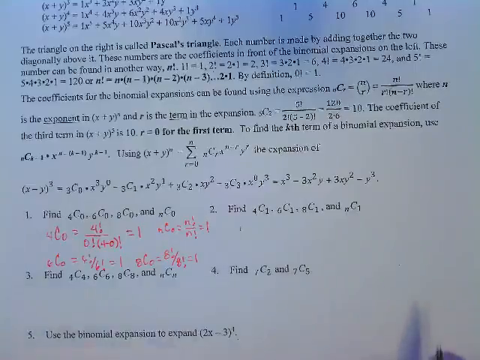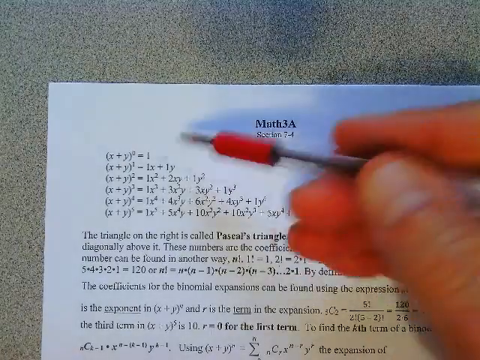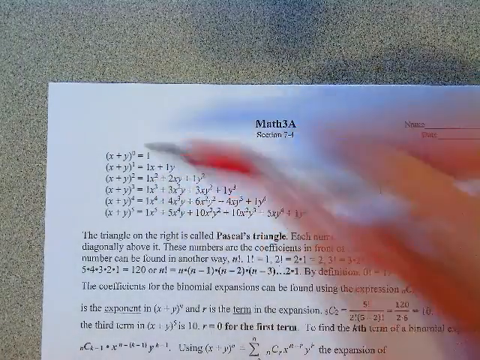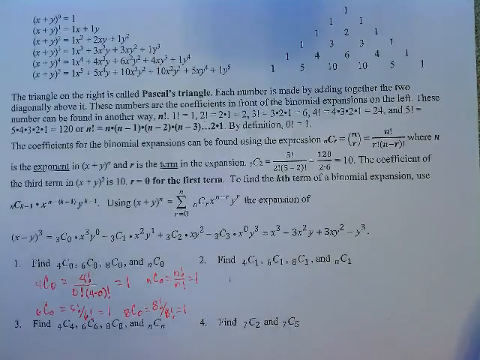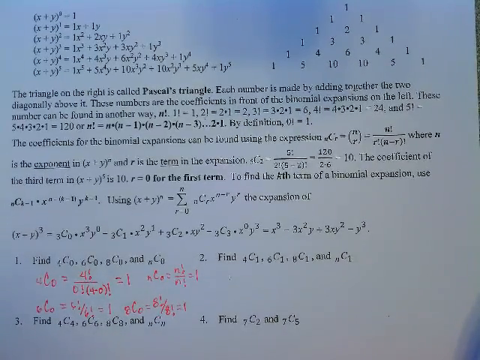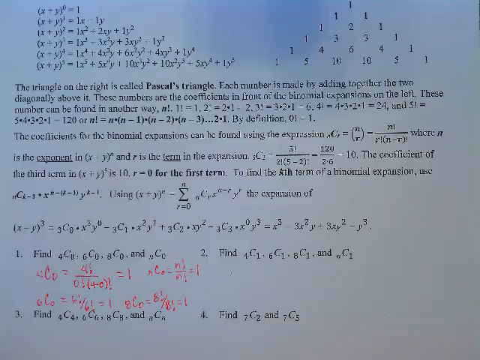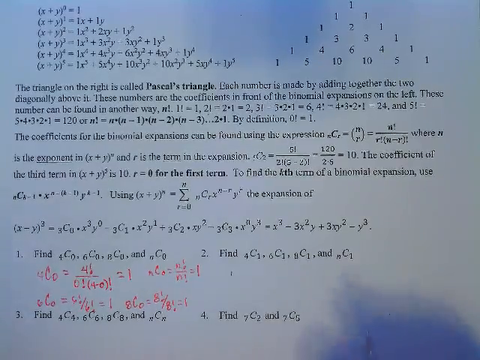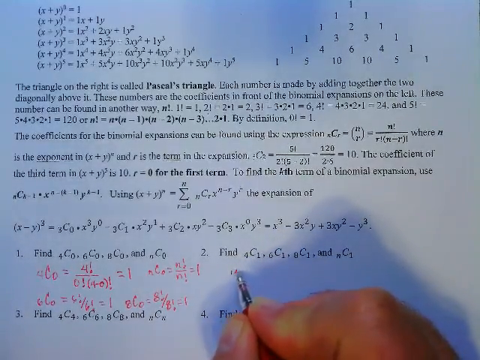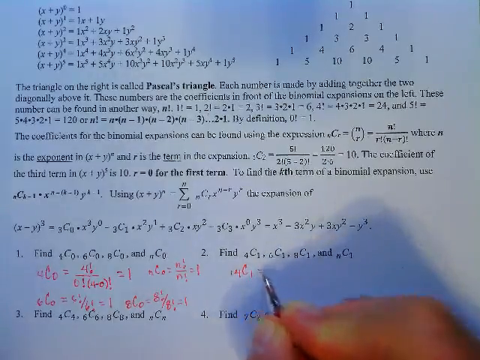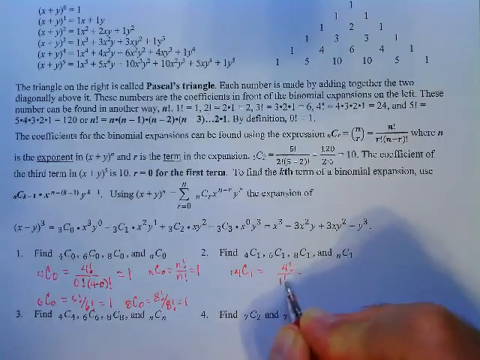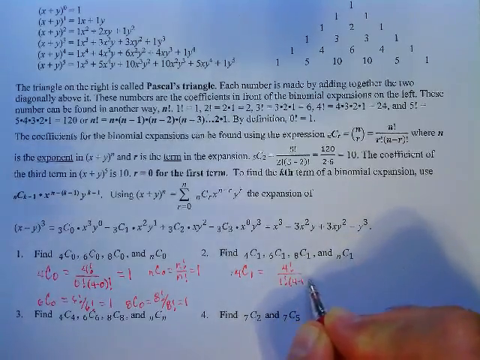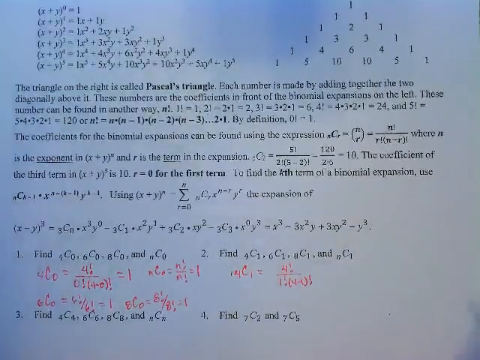Note, if I go back to all my expansions, the first coefficient for all of them was a 1. Now, let's suppose that the second number, the r, was a 1. What would we get then? Well, 4C1 would be 4 factorial over 1 factorial, and then (4 minus 1) factorial.